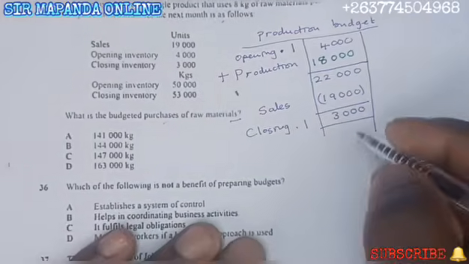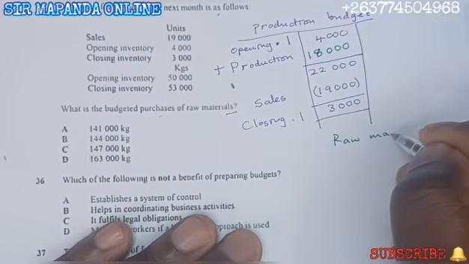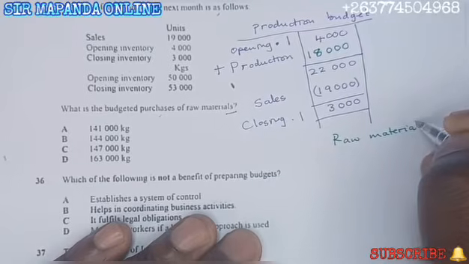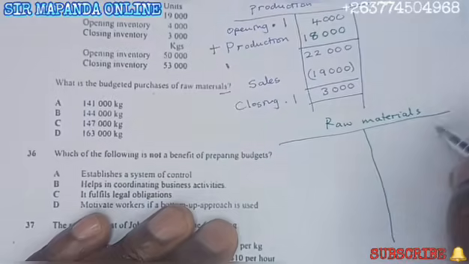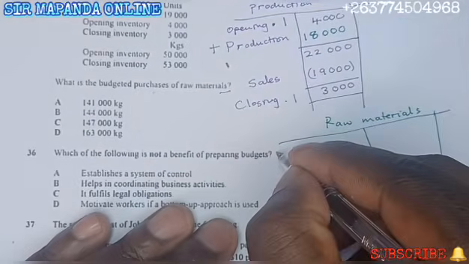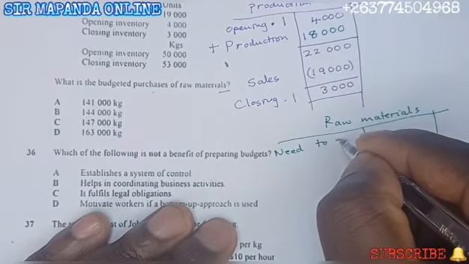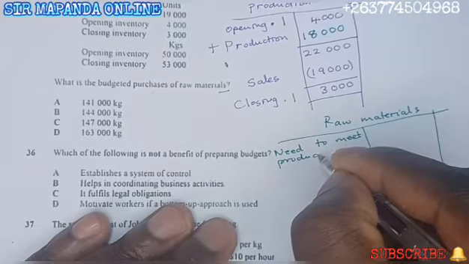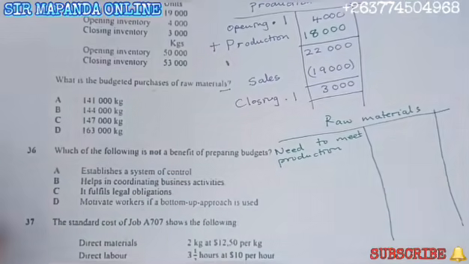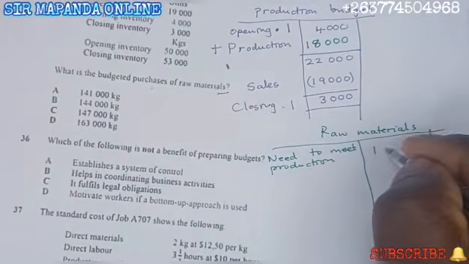So after the production budget, you then move to the raw materials budget. According to the raw materials budget, you start with the units needed to meet production, which is the 18,000 that we got from the production budget. You insert it here.